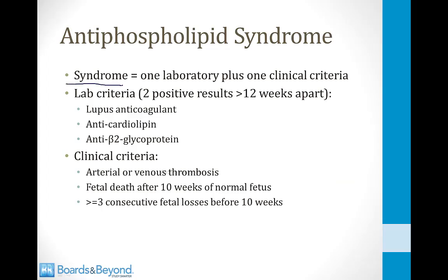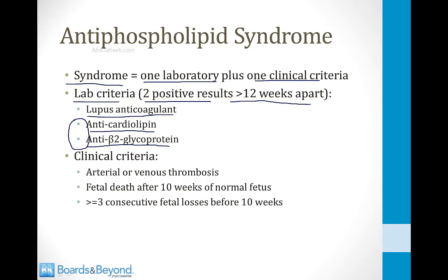In order to have the syndrome, you need to have one laboratory plus one clinical criterion. So the lab criteria include presence of the lupus anticoagulant, which is identified through coagulation system testing, or presence of anticardiolipin or anti-beta-2 glycoprotein, which can both be identified by ELISA testing. You need to have two positive results more than 12 weeks apart, and that's because some patients develop transient levels of these antibodies that then quickly resolve.